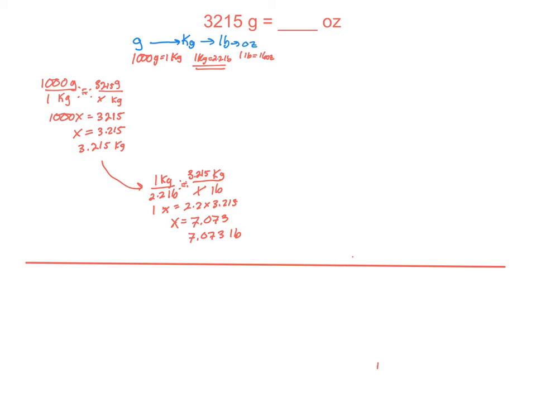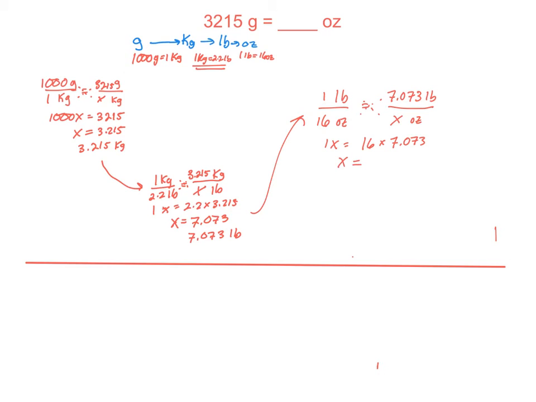The final step here is to get to ounces. I know that 1 pound is equivalent to 16 ounces, so I'm going to set that up as a ratio, and I need that to be equal to some number of pounds. In this case, we know the number of pounds. We have the unknown number of ounces. So I'm going to cross multiply. 1x will equal the product of 16 and 7.073.